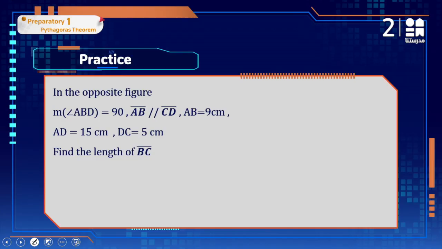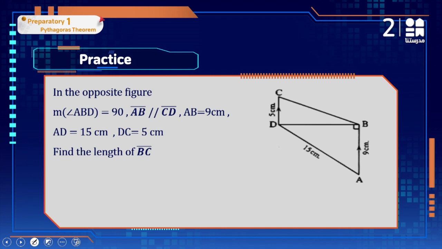In the opposite figure, the measurement of angle ABD is 90 degrees. And AB is parallel to CD. This AB parallel to CD.